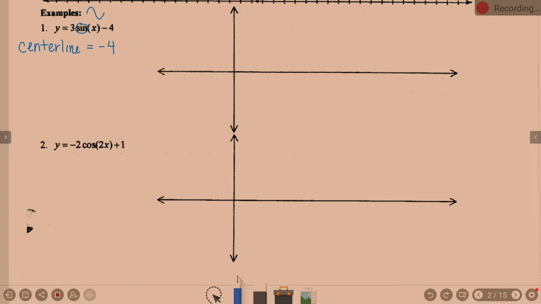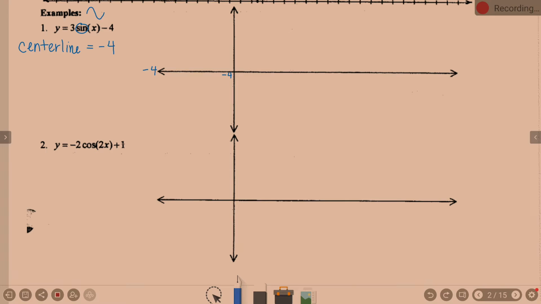What that means is I'm going to label my x-axis as -4 instead of 0. Now, you can label it here at the end, or you can label it here in the middle, kind of like where 0, 0 would be. Your call, or both.